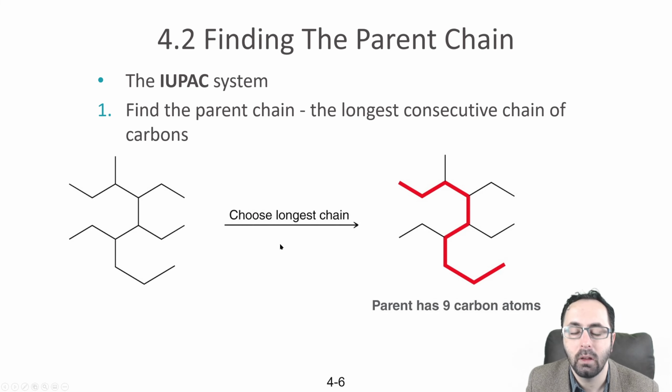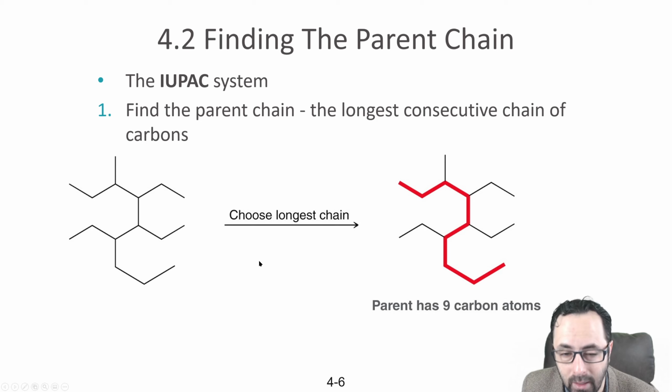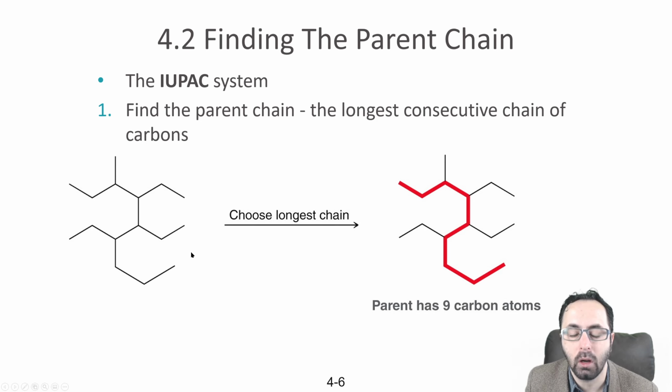So here we're going to go through step by step how you apply the so-called IUPAC systematic naming system. So first of all, when you have a molecular structure, you're going to base the name off of the longest parent chain. And so that's the longest chain you can draw without picking up your pencil.